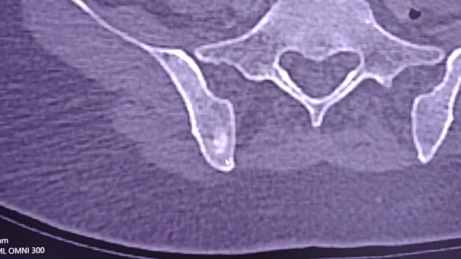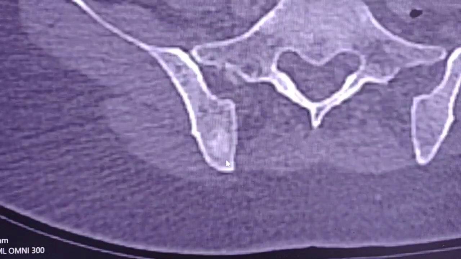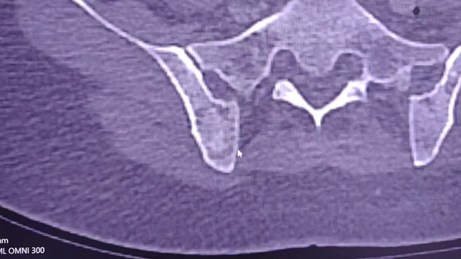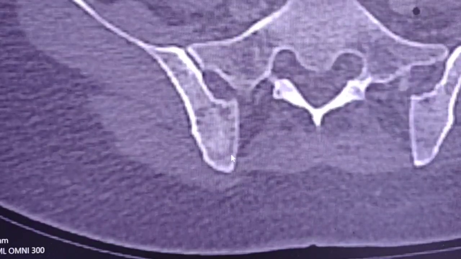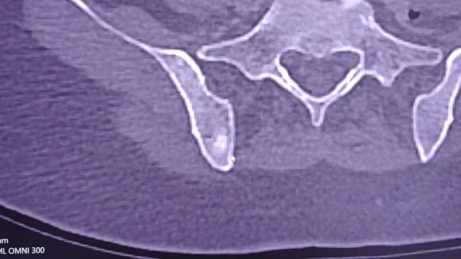There is an impression that there is a ground glass opacity around it, but anyway, there are no other aggressive findings. There is no bone expansion, there is no cortical disruption or endosteal abnormalities or scalloping or something like that.